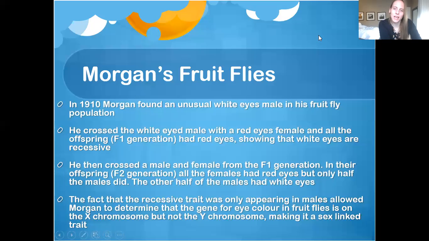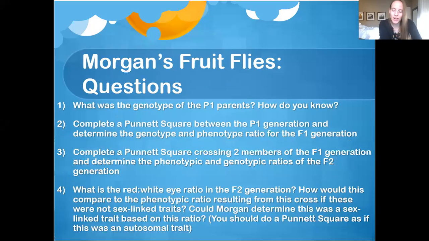Okay, so in terms of what the genotype of the parents were, we know for sure that the white-eyed male was carrying the recessive trait. So if we say that capital R is for red eyes because it's dominant and lowercase r is for white eyes, then the male parent would be XY because he's a male and would have a little r on his X chromosome.